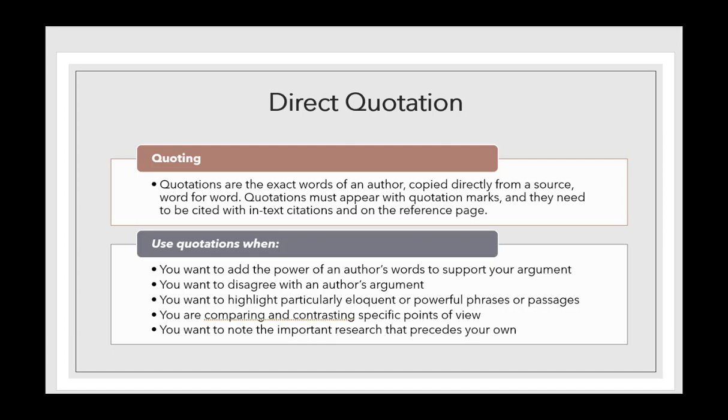Sometimes we want to use direct quotation when we're comparing and contrasting specific points of view, because we want to show the reader the significant difference between what we're comparing or contrasting. And then finally, of course, if there was information or research or work that is important in order to understand what you are talking about, then you might want to directly quote.